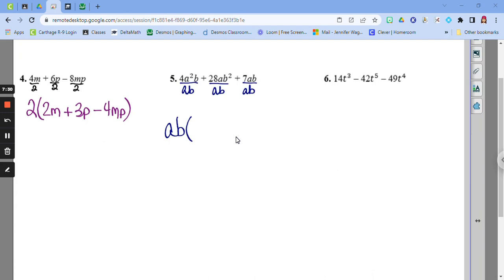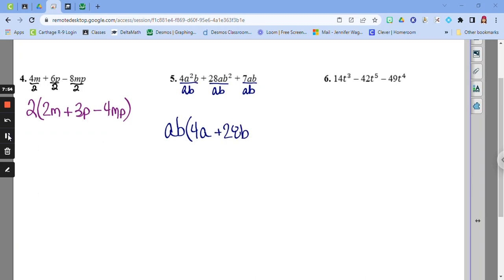See what you can come up with for what's left of that. So when I am number 5, the first one, I'm left with 4A. When 28AB squared, I should have 28B.